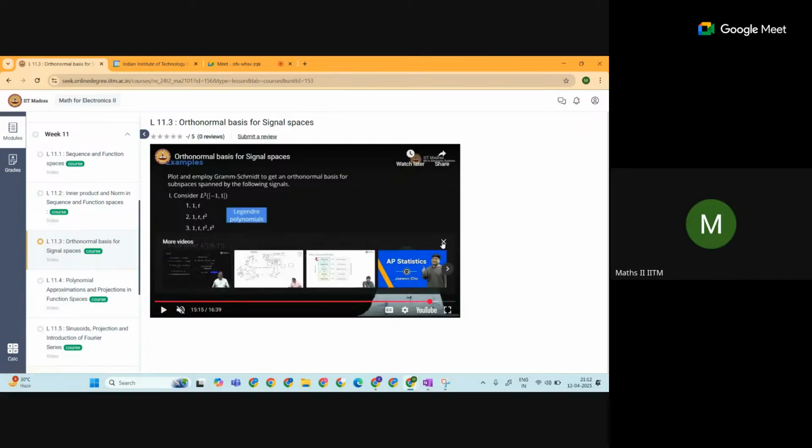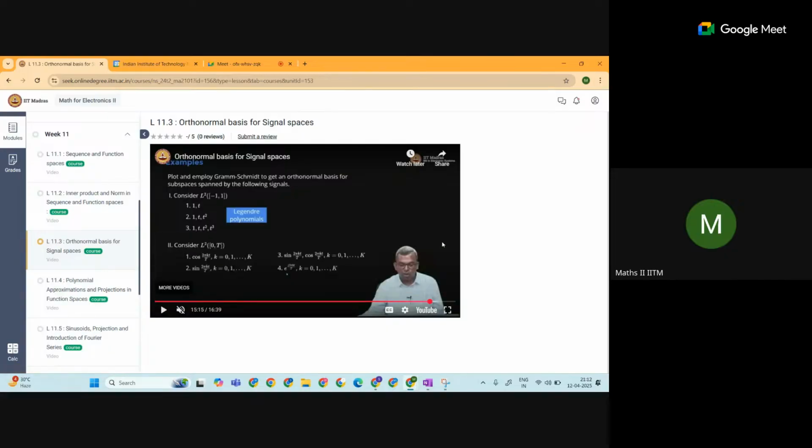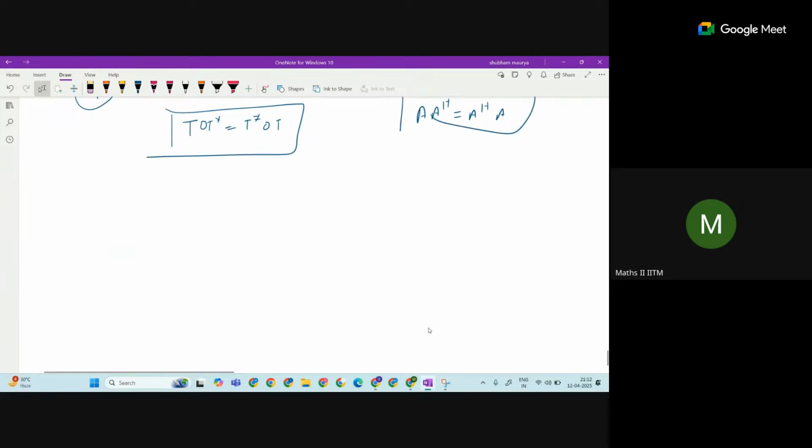Here it tells how to find the norm of a vector, which is nothing but the integration. So if a function is given, let's say f(x) is equal to x square from a to b. The norm of the function is nothing but the integration from a to b.